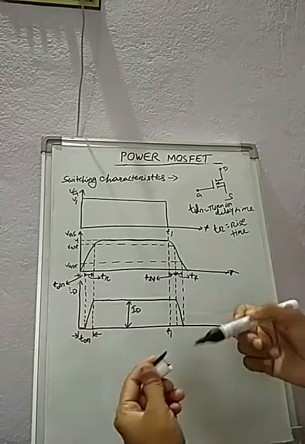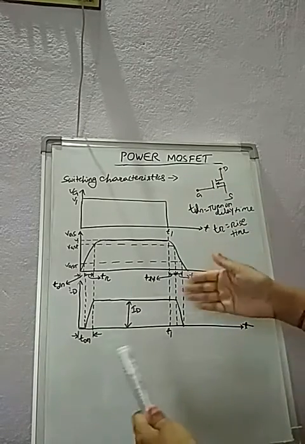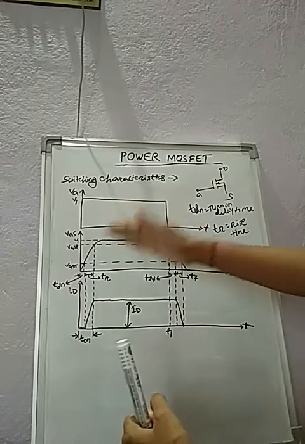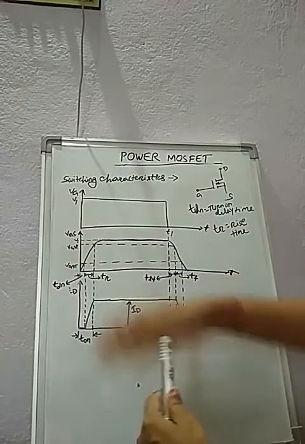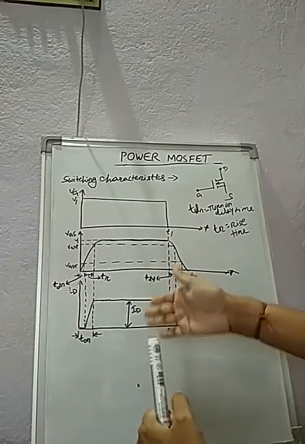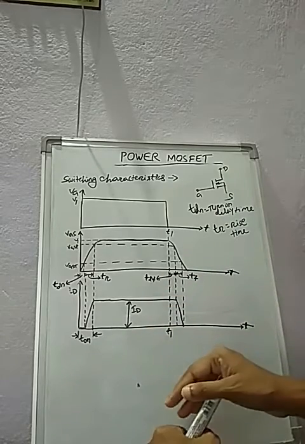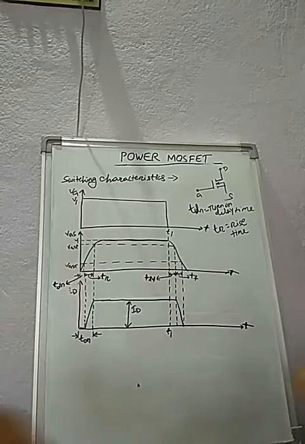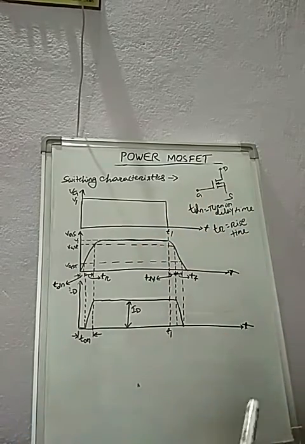TR, the rise time, is the time during which the gate voltage rises to the VGSP level. So what is this VGSP level? Already I told you that VGST is the threshold level of the gate source voltage, below which the device is in off state and above which the device is in on state. Similarly, VGSP is the voltage which is sufficient to drive the MOSFET into on state.